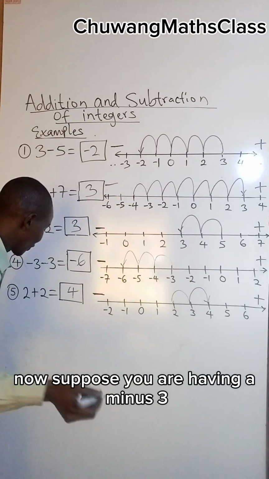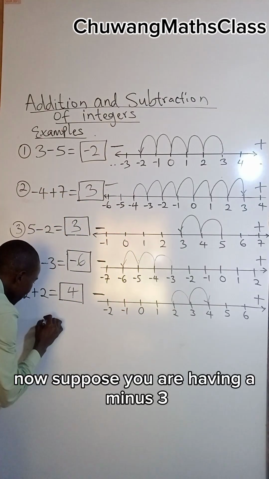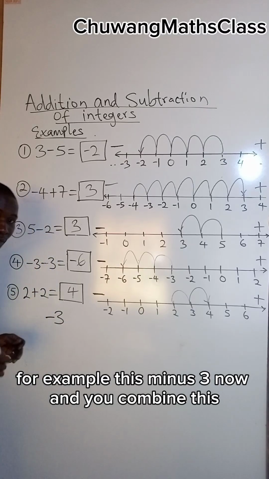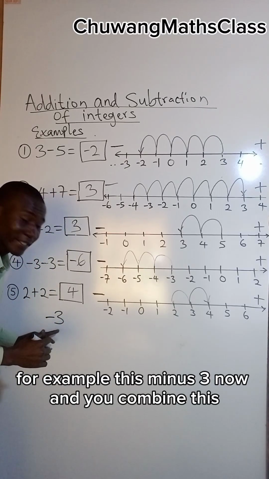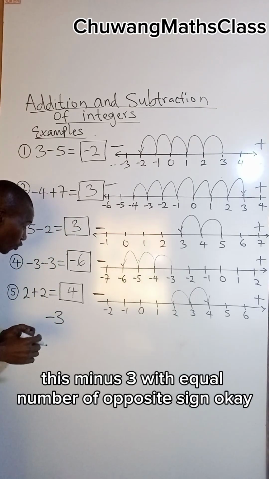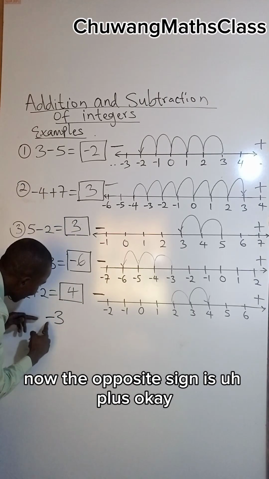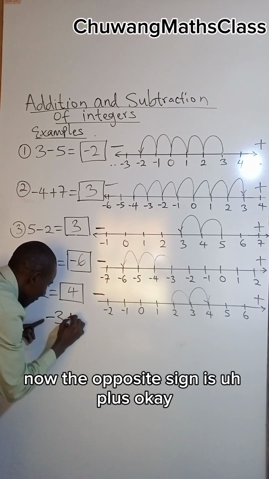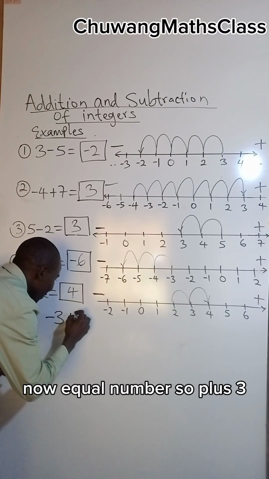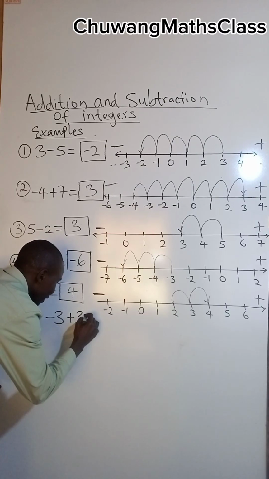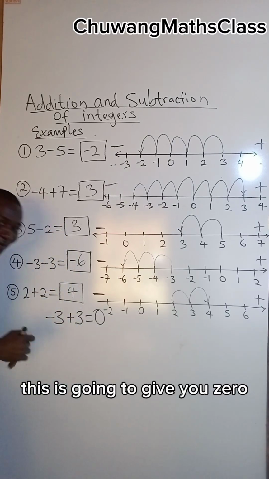Now, another way of solving this problem is with this particular example. Suppose you have -3, for example. Now, as you combine this -3 with an equal number of the opposite sign, the opposite sign is plus, and an equal number, so plus 3, this is going to give you 0.